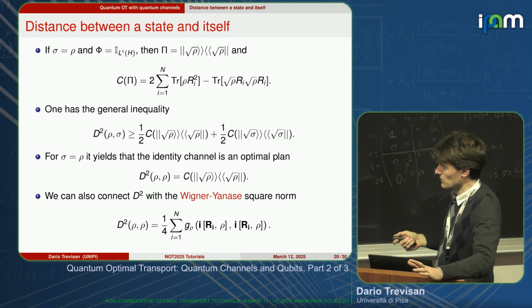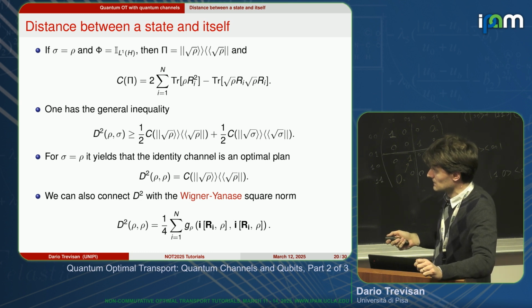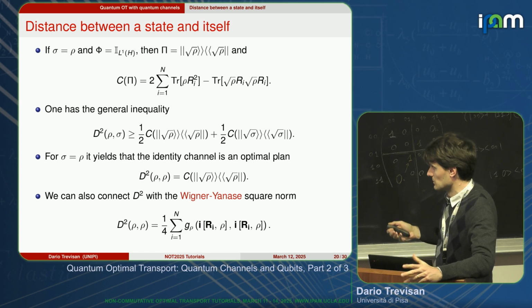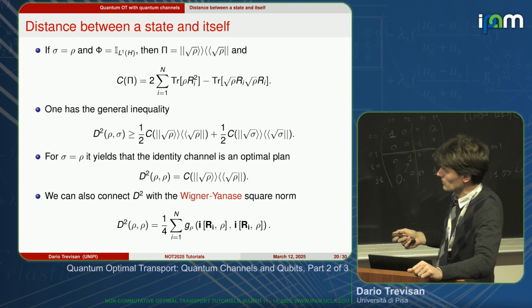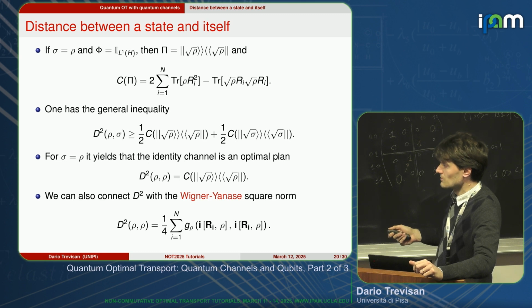Well, actually, in general, we can prove, relying on these inequalities by Lieb, the Lieb concavity inequality and monotonicity inequalities, that the squared Wasserstein distance between rho and sigma is always larger than 1/2 the cost of the purification of rho plus 1/2 the cost of the purification of sigma.